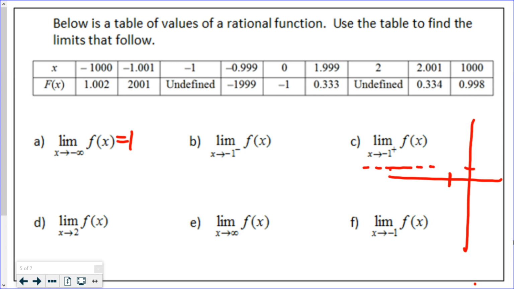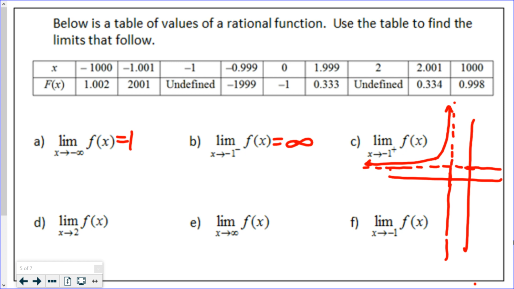Here 1, which we think is an asymptote. And then as we get close to that -1, it's getting really big really fast. And at -1, it's undefined, so I know there's got to be an asymptote here. So the left-handed limit at -1, we're getting really high, so it's going to positive infinity.